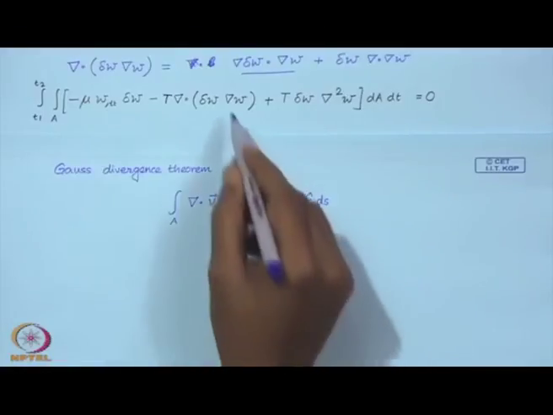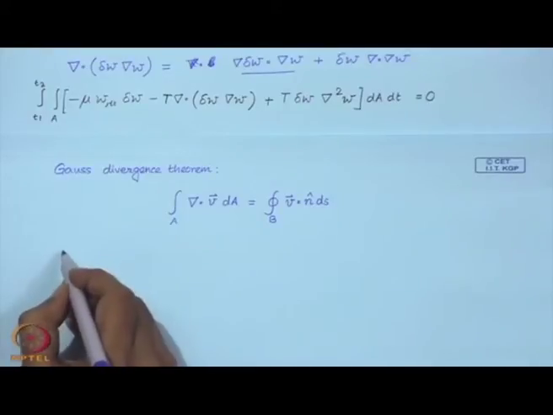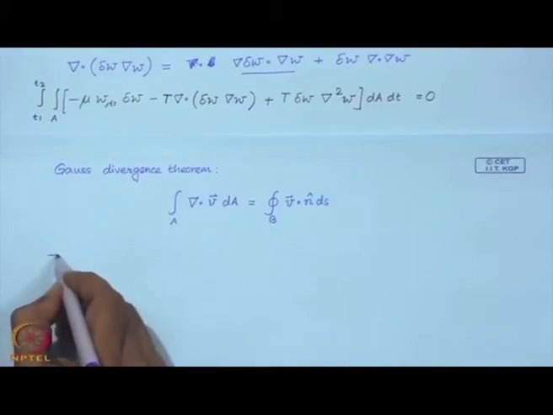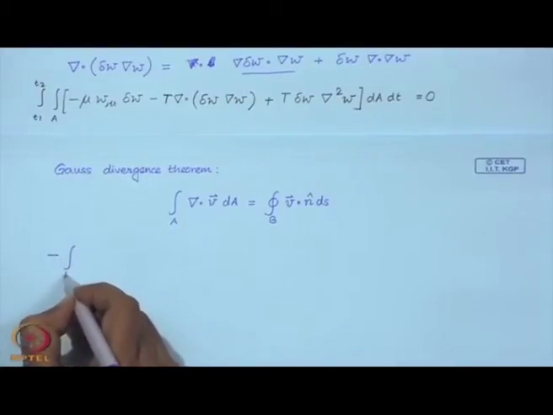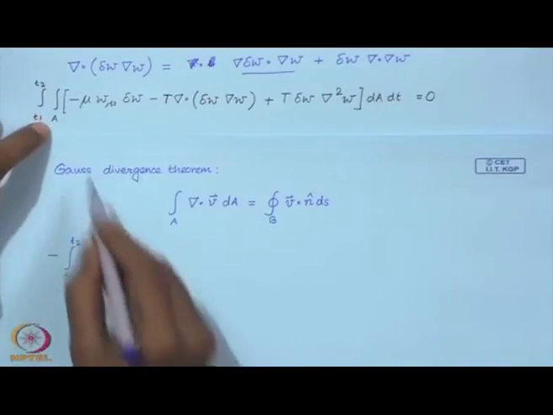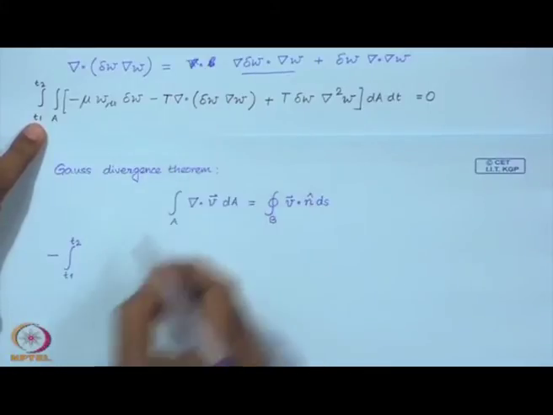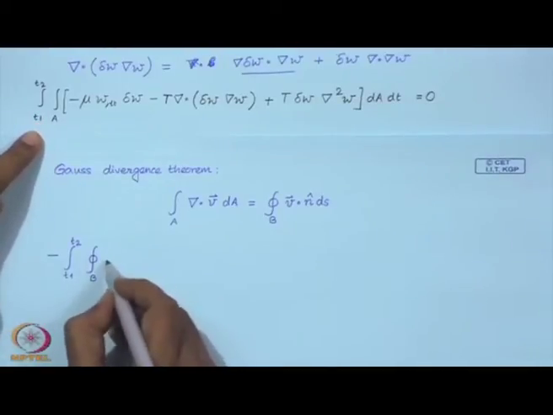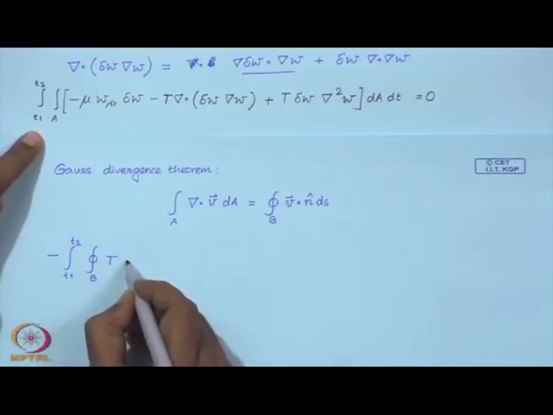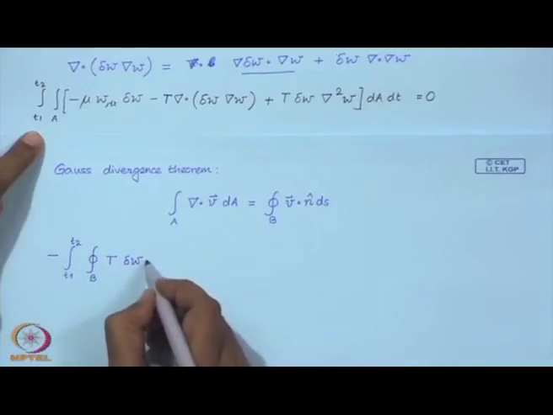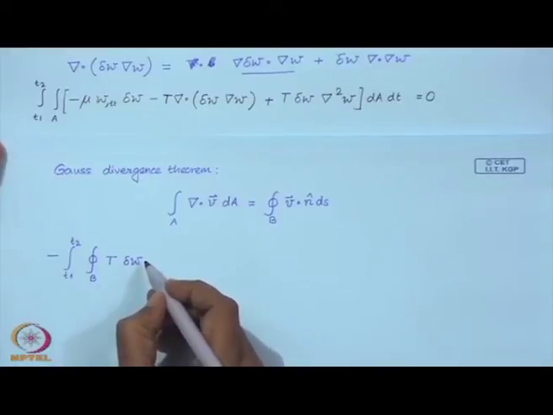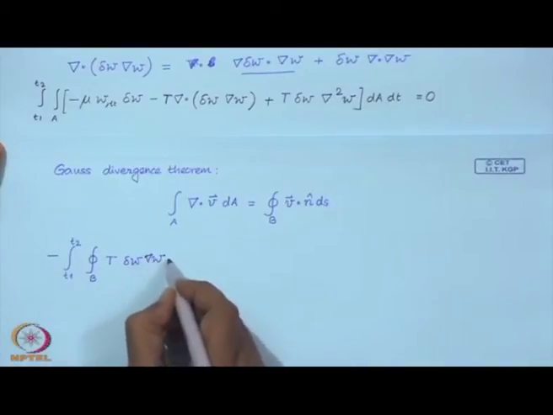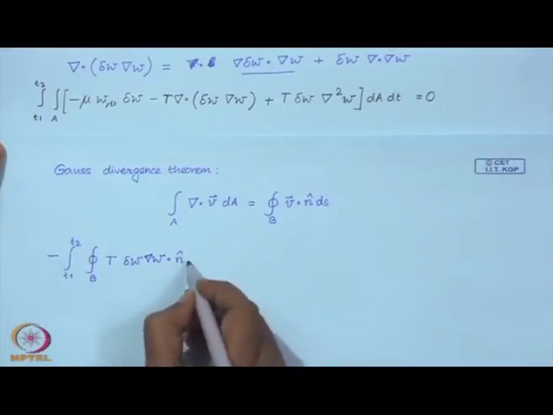So, if you use this here, then we have a boundary term arising out of this, so this integral over this area of this term gives us this boundary integral dot the normal to the boundary.